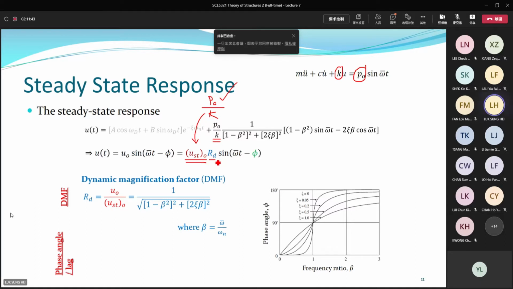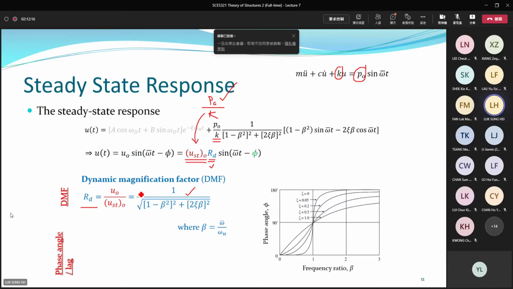The second term, RD, we call the dynamic magnification factor, DMF. It describes the dynamic effect of a system. It is calculated using these blue equations.